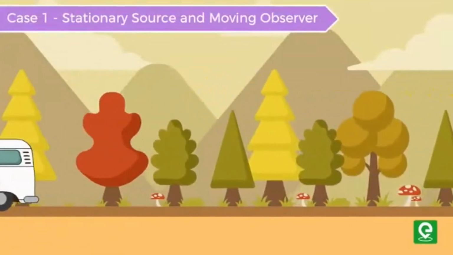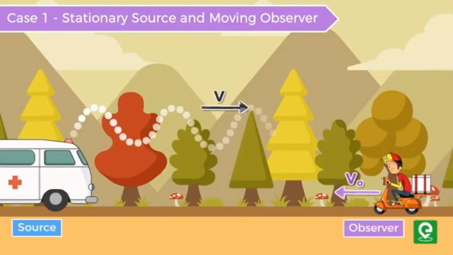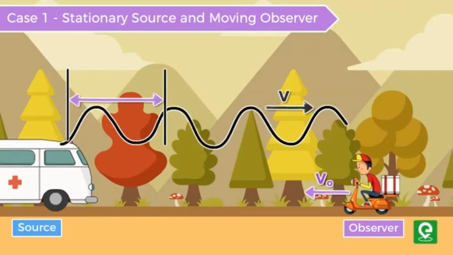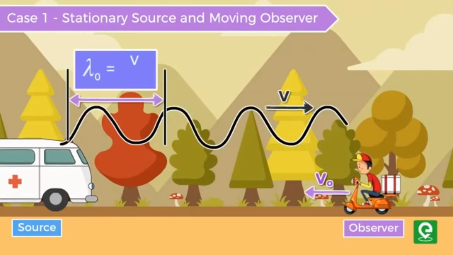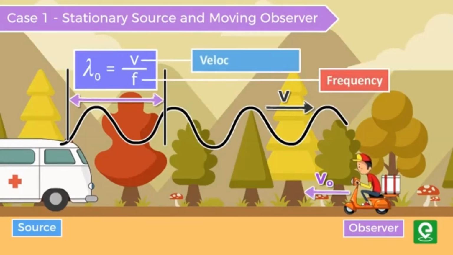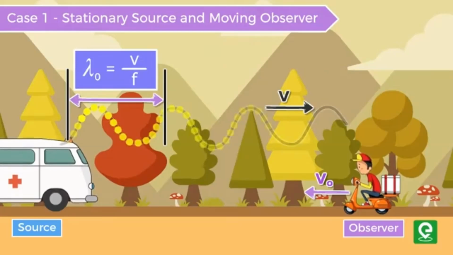Case 1. Stationary source and moving observer. When a stationary source produces sound waves of frequency f, then its wavelength in the air is given by the relation lambda naught equals v divided by f, where v is the velocity of sound. Now these waves are travelling towards an observer who is moving with a velocity v naught towards the source.